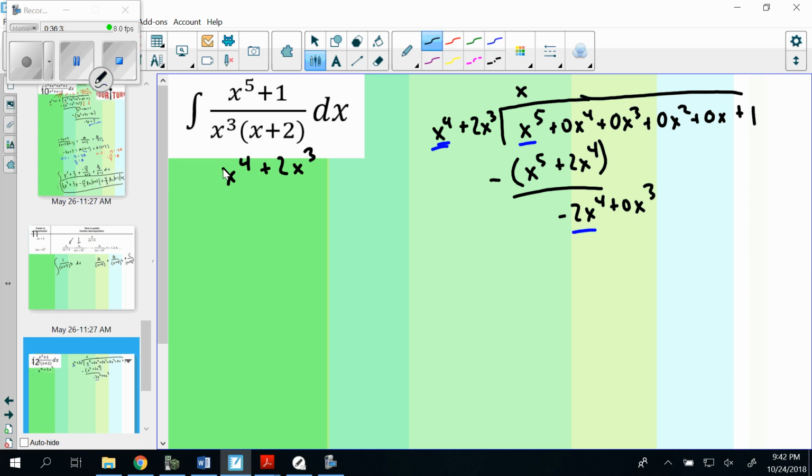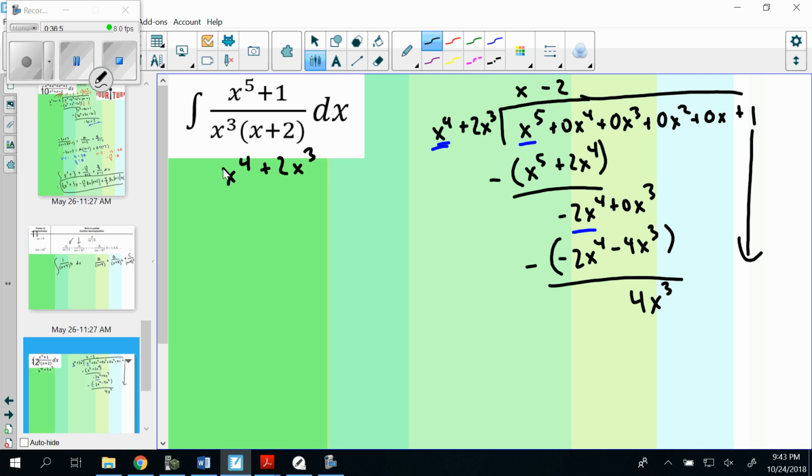We get a negative 2 up here. Multiply that back through. We get negative 2x to the 4th minus 4x to the 3rd. We got to subtract again. And those ones cancel on the left. The other one, 0 minus negative 4, is going to be positive 4x to the 3rd. Now drop down what's left here. The only thing left is 1.